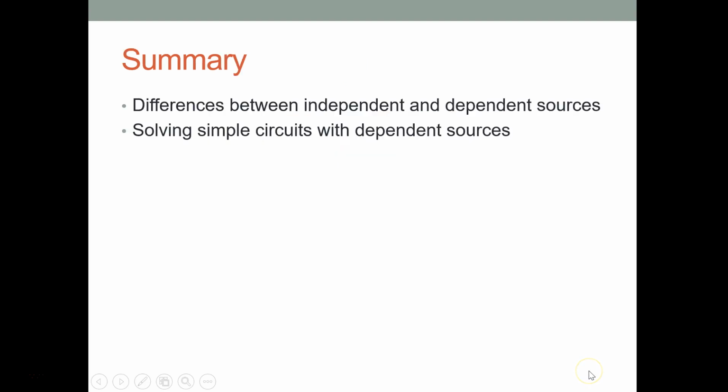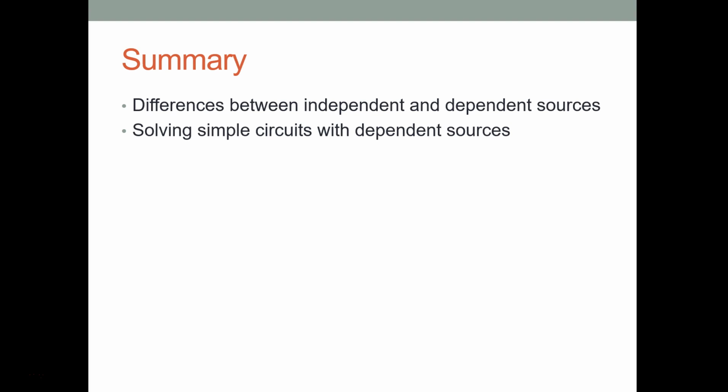So in summary, we looked at the differences between independent and dependent sources, and we looked at solving very simple circuits with dependent sources. So remember, independent sources, the values do not change regardless of what is happening in the circuit, and dependent sources, the value will change depending on if resistances change or if other independent sources change. Whatever happens in the circuit that causes a change, it will affect the value of the dependent source.